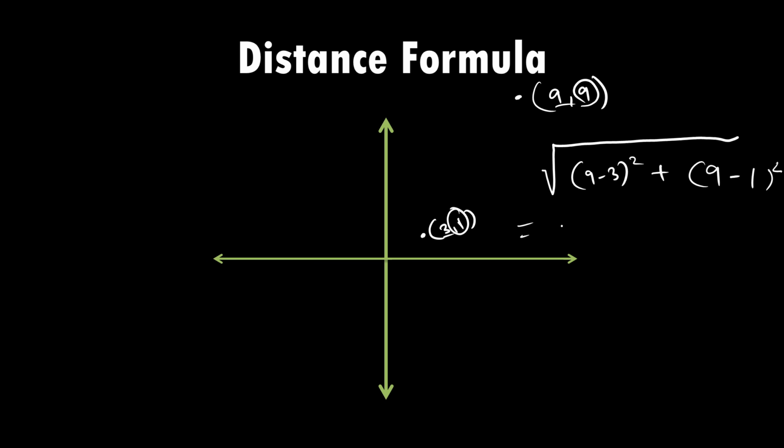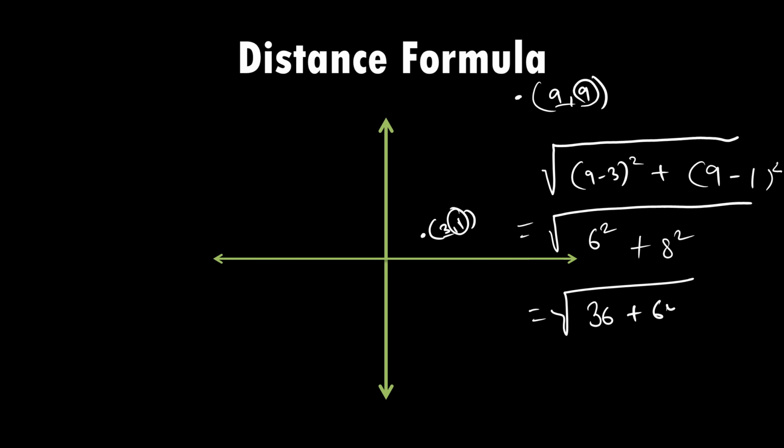Simplifying, 9 minus 3 is 6, so we have 6 squared plus 8 squared. Further simplifying, we get 36 plus 64, which is equal to root 100, and we know that root 100 is equal to 10. So the distance between these two points is 10 units.